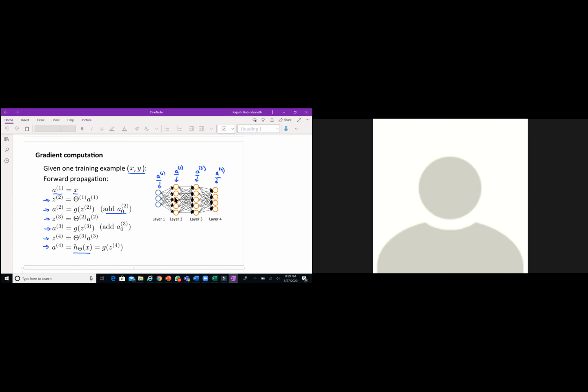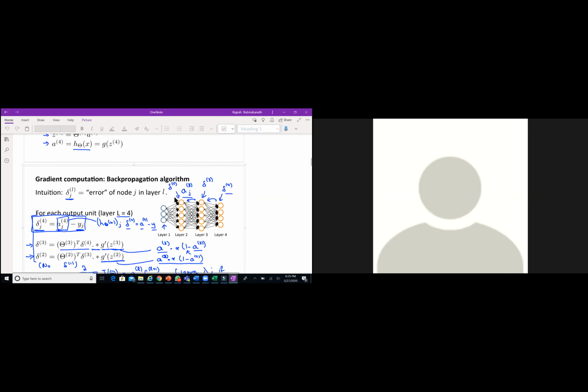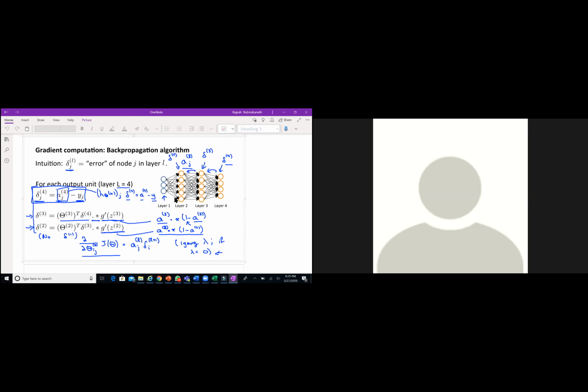So once it is done, the next part is the backward propagation algorithm. It starts from the last layer, and then you go back to the next layer, and the next layer, and finally you go back to the initial layer.